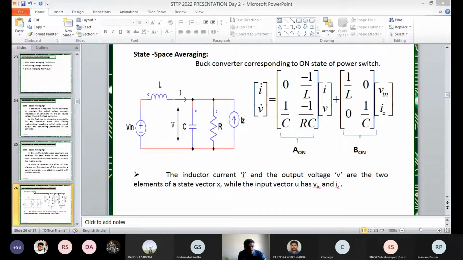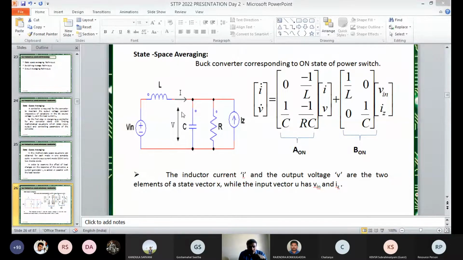Similarly, we will move forward for the second case, that is the off state of the main MOSFET.